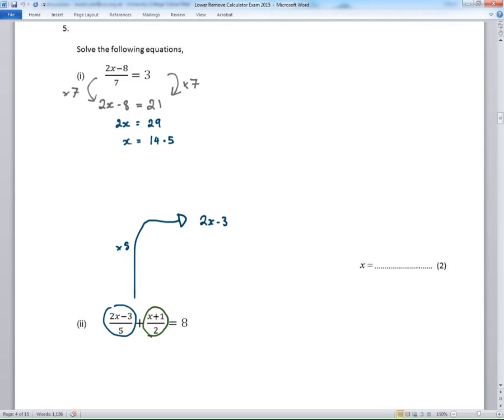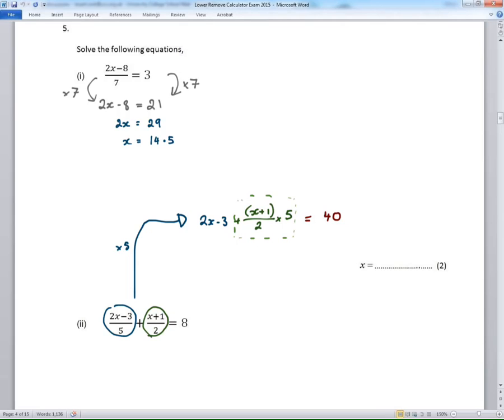Timesing the second term by 5, I'm going to write this out in a quite long-winded way, but we'll simplify it soon, is going to be x plus 1 all divided by 2 all times by 5. And then timesing the right-hand side of the equation by 5 leaves you with 40. Okay, let's simplify that second term there in green.